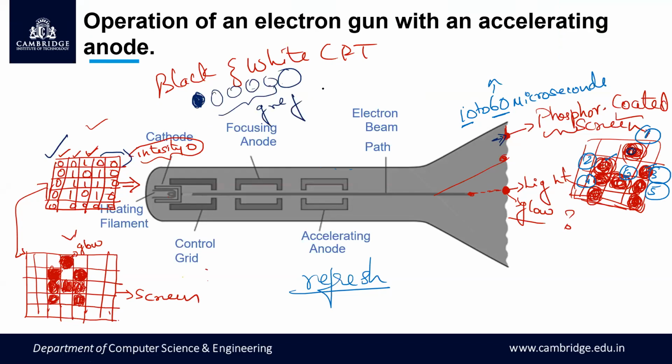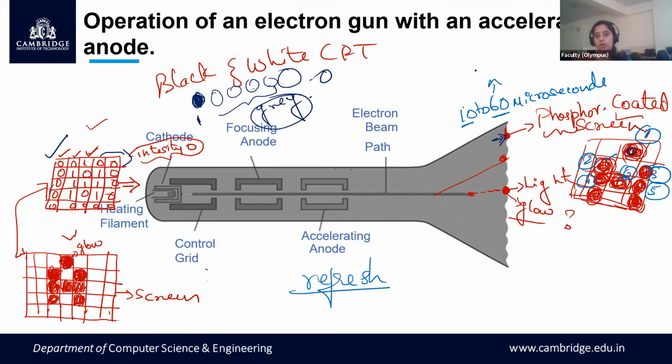Yes, ma'am. We will have white and black. Say if black is a 1 range, white is 0 range. In between, I will have n number of ranges which will give me gray color, right? So that means, how do you set this up? Even in black and white, you have seen grays also.